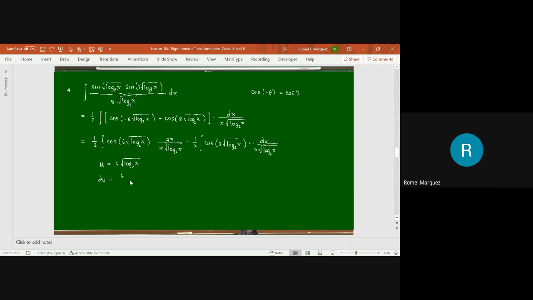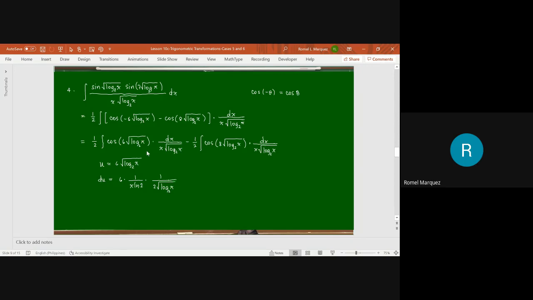Let's take the derivative. 6 times, I will put it in front, 1 over, the derivative of this is 1 over x ln 2 times 1 over 2, that is for the square root, 2 square root of log of x to the base 2.